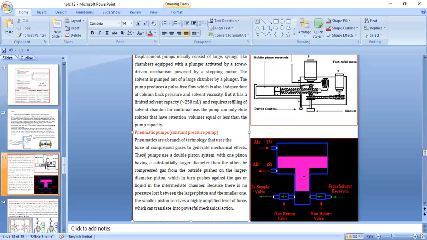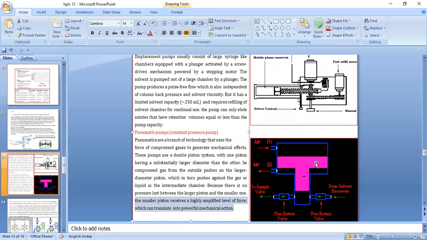The pumps use the double piston system, with one piston having a substantially larger diameter than the other. The compressed gas from the outside pushes the larger diameter piston, which in turn pushes against the gas or the liquid in an intermediate chamber. This is an intermediate chamber. Because there is no pressure loss between the larger piston and the smaller one, the smaller piston receives a highly amplified level of the force, which can translate into a powerful mechanical action.